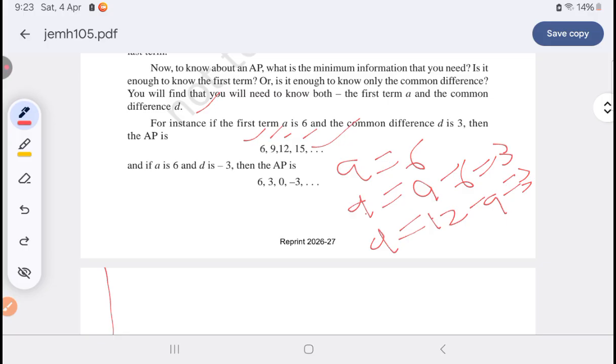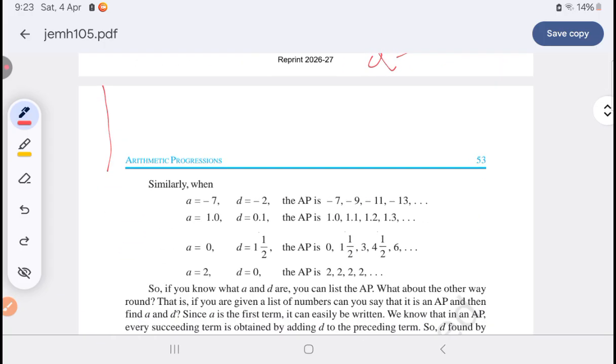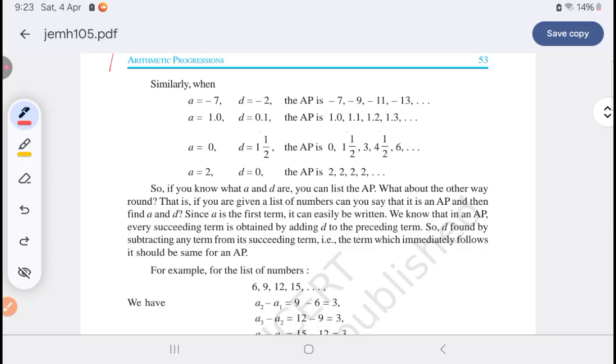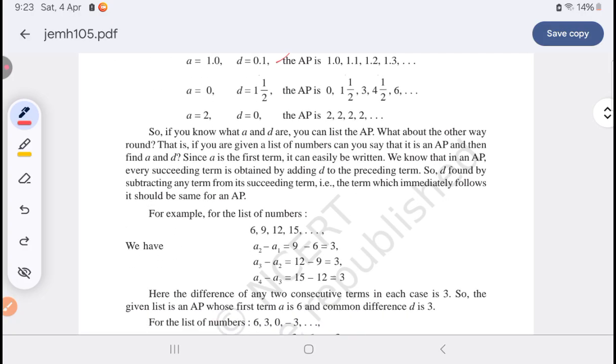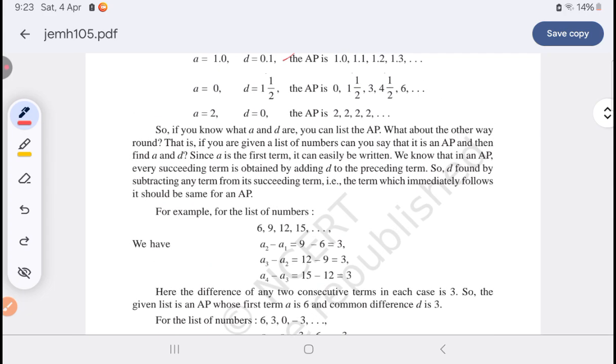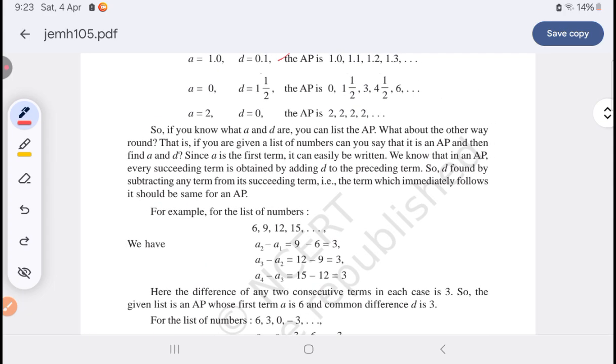Suppose a equal to 6 and d is minus 8, then the AP will be this. Similarly, if a and d are given, you can write the terms in AP. So it is mandatory to have a and d. If you know a and d, you can list the AP.